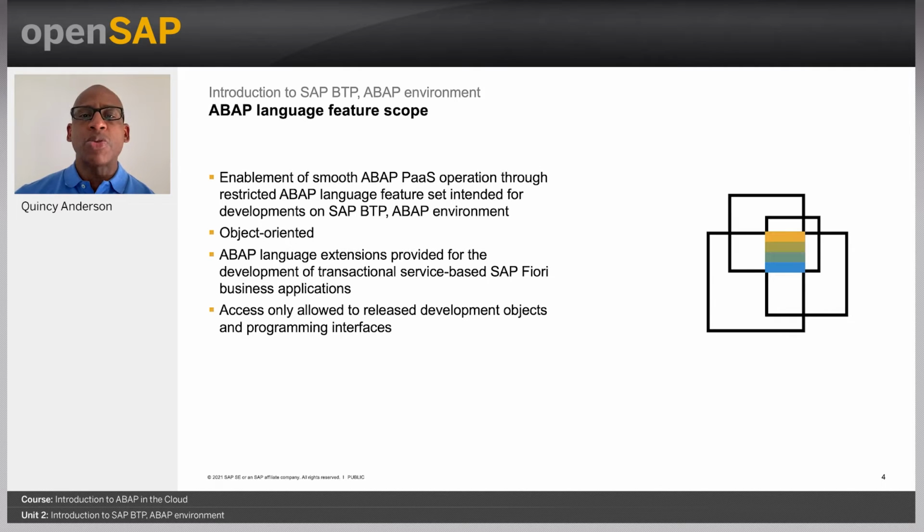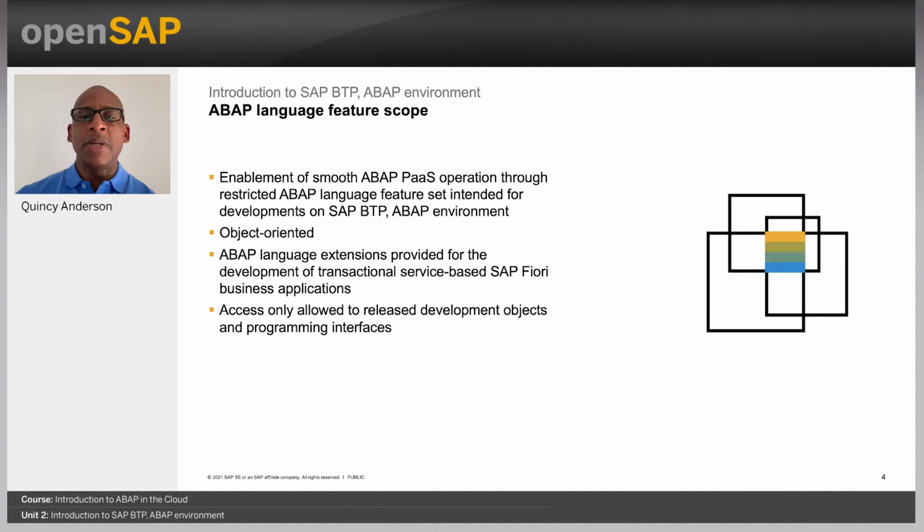ABAP Strict has 3 rules that differ from classic ABAP, which brings us to our current screen. 1. Access to repository objects is governed by a list of released APIs that is checked statically at compile time as well as during runtime. 2. Only ABAP development tools, ADT, as part of the Eclipse platform can be used as your development tool.